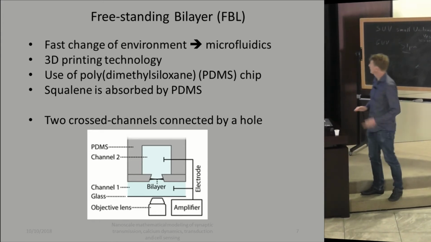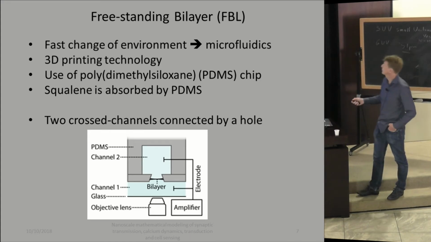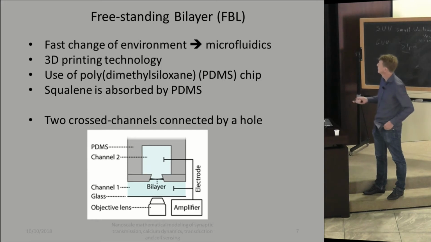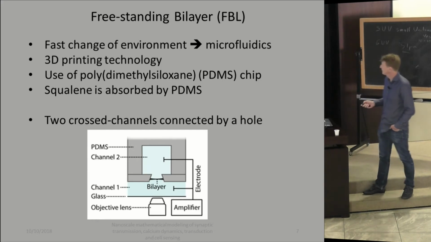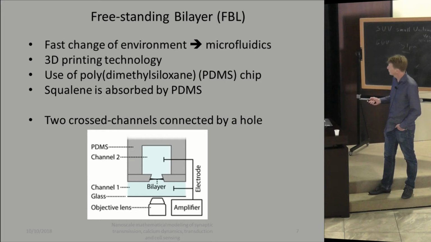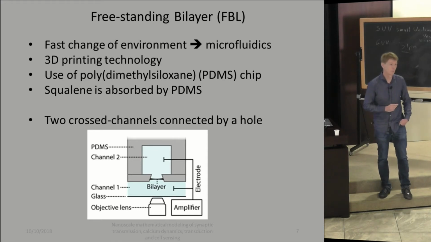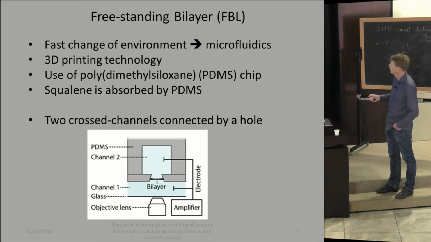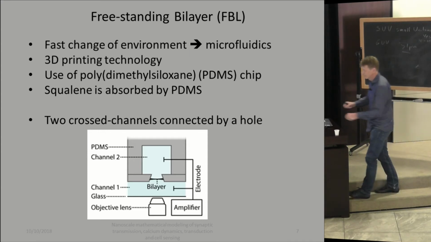So how do we do that? You'll see we need 3D printing technology. We use PDMS, which is a common polymer that reticulates to make chips in microfluidics. We use PDMS because, as you'll see, the squalene, that's an oil, is absorbed by PDMS, and it's very important that it absorbs the squalene. As I told you, it's two channels connected by a hole.